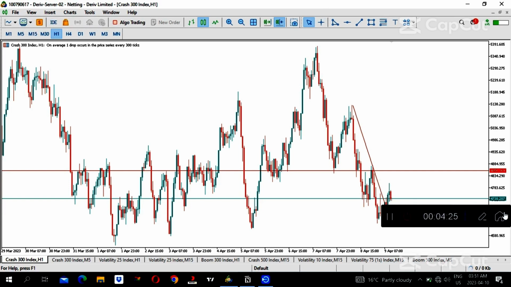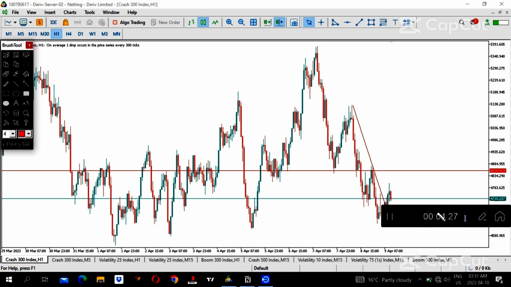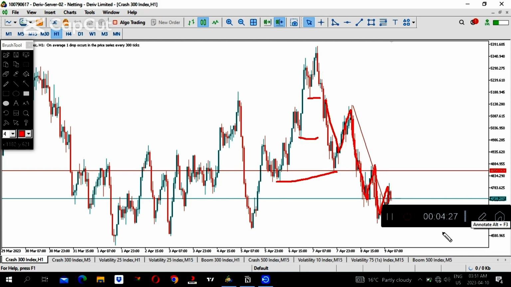It's in a downtrend. Why am I saying it's a downtrend? We are continuously breaking these lows over here, so we are creating lower lows. That's showing me that we're currently in a down sentiment.